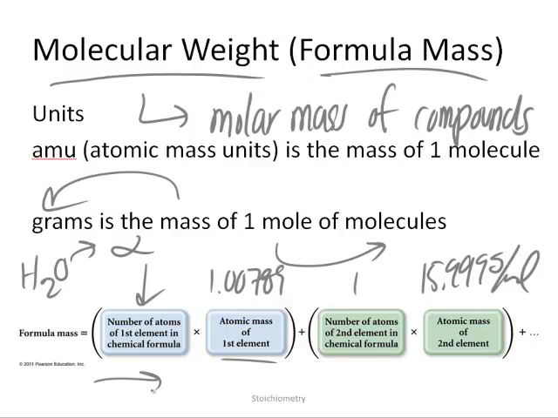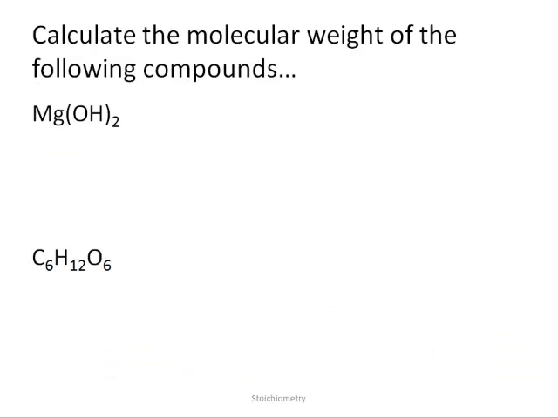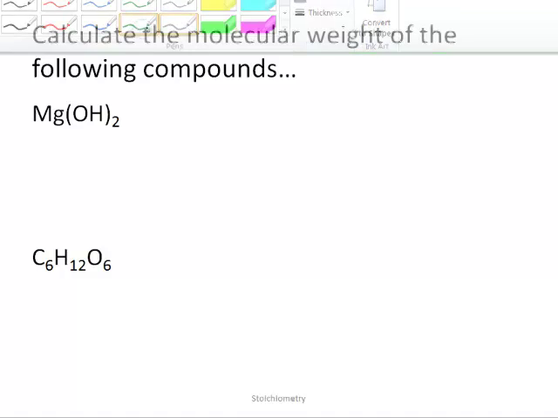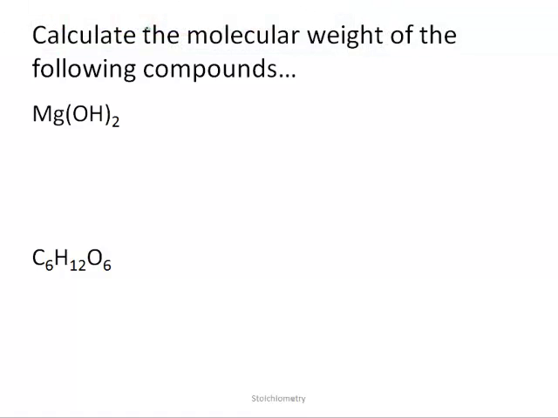Okay, let's do a couple more examples and actually do the calculations. Okay, so let's do the molecular mass, molar mass, molecular weight, formula weight, however you want to say it, for magnesium hydroxide. Okay, this is an ionic compound that contains a polyatomic ion, so we have parentheses. So remember that 2 gets distributed into both the oxygen and the hydrogen.